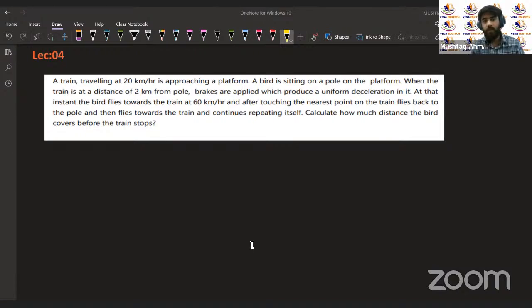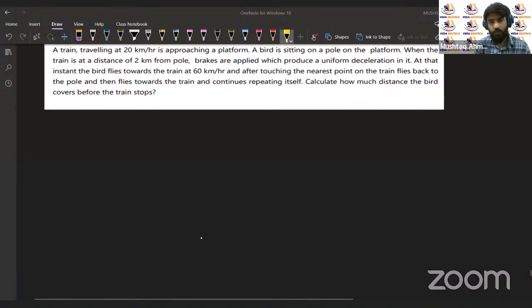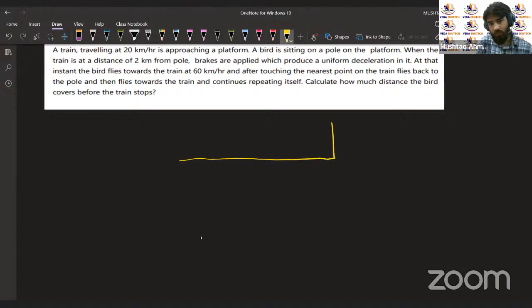So the train is at a distance of 2 km from a pole, right? And the train is approaching the pole at a speed of 20 km per hour. So let's suppose that this is a pole here, and this pole is at a distance of 2 kilometers, and the train is approaching this pole at the speed of 20 kilometers per hour, right?